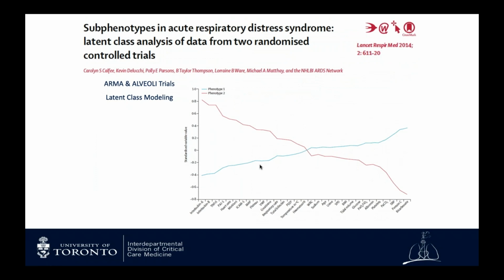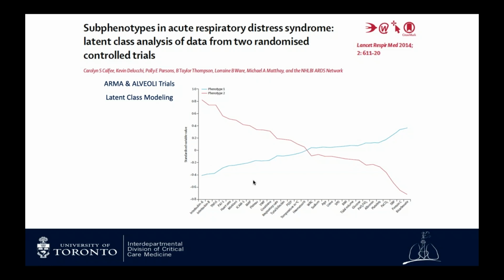It's also important to note that, again, this heterogeneity of treatment effect is not a new concept. Carolyn Calfee and colleagues examined a whole range of biomarkers and inflammatory markers in patients who were randomized into these early ARDS network ventilation trials and came up with 2 distinct phenotypes. One more inflammatory with higher levels of IL-6, IL-8, and TNF, and one in blue here, which was relatively non-inflammatory.